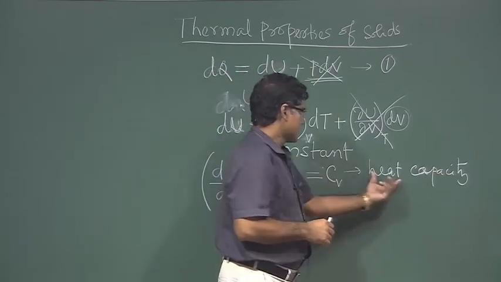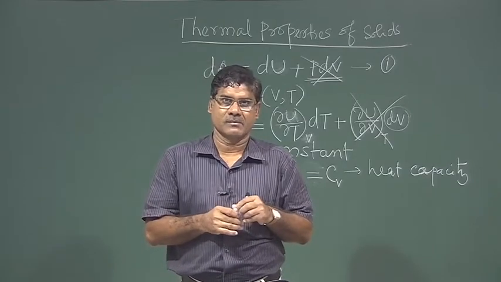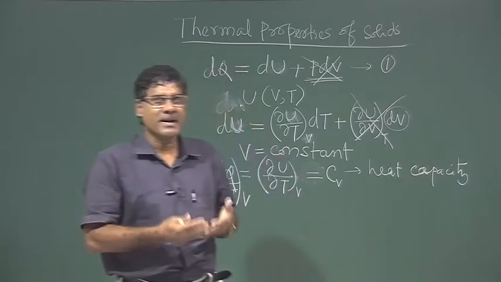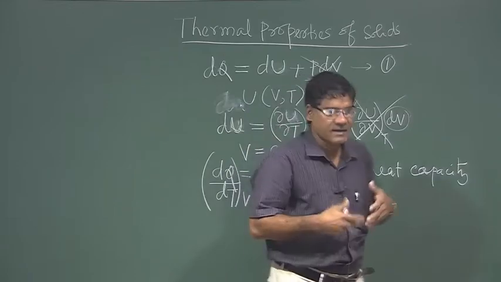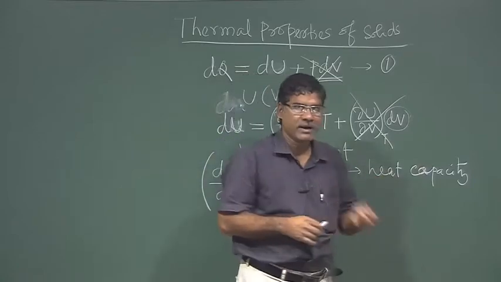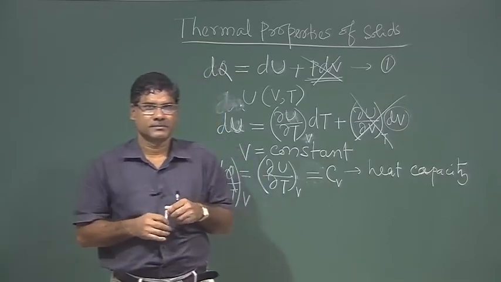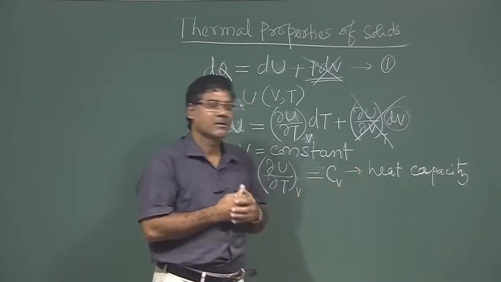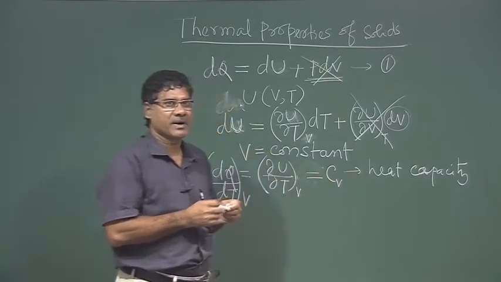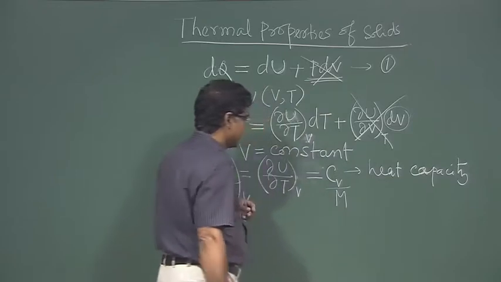So, this heat capacity depends on the volume, mass, or size of the system, right. To make it independent of the size of the system, we define the heat required to change the temperature by 1 degree for unit mass, that is, we divide by m.